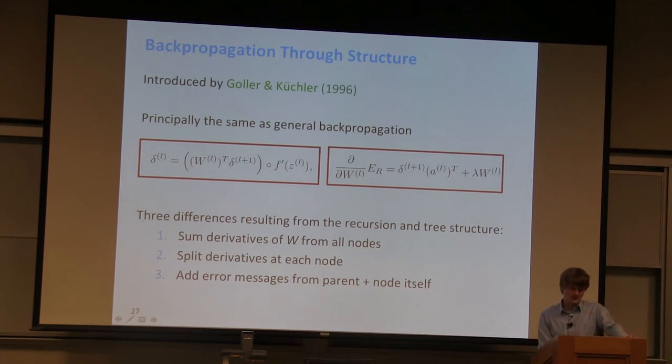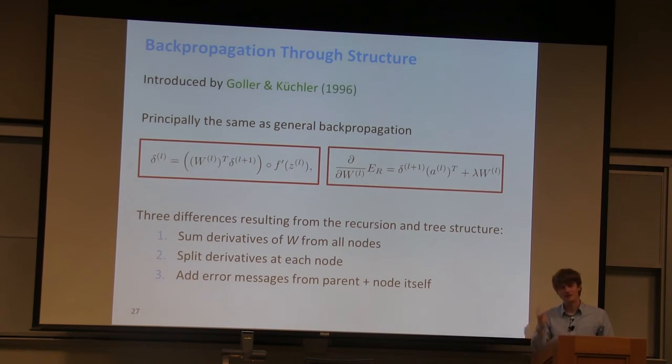The first one is that we'll sum up all the derivatives of W from all the different nodes, somewhat similar to what we've done in the recurrent neural networks. You might see the splitting of the derivatives at each node based on that difference of notation. And you basically add different error messages from all the parent nodes and the node itself.